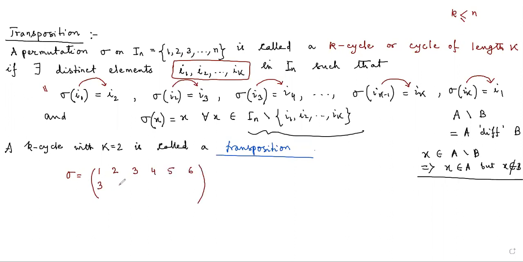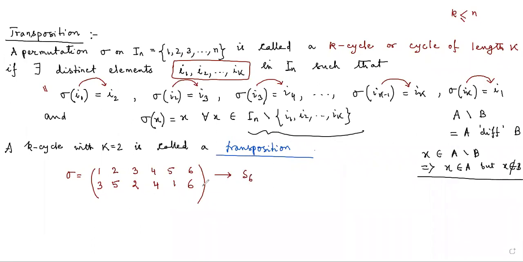And suppose it is written. When we write this permutation, we have to be clear enough to declare that this actually belongs to the group S6.